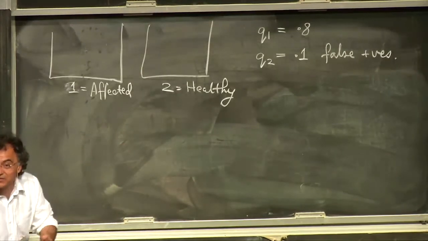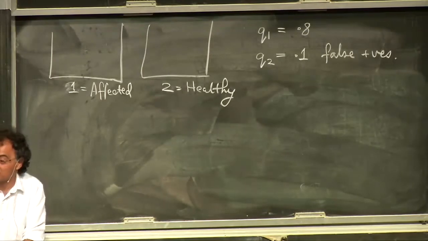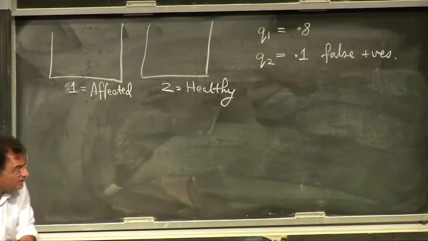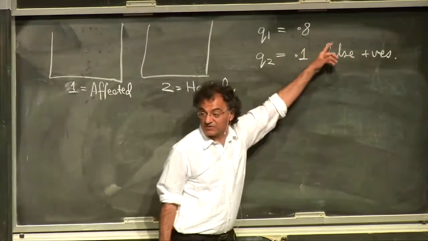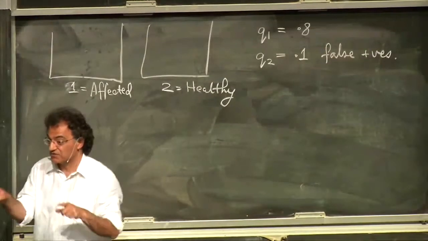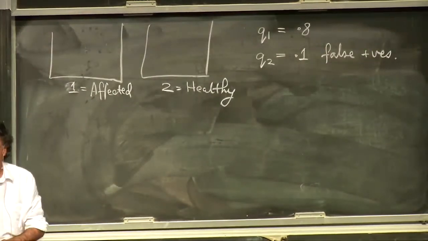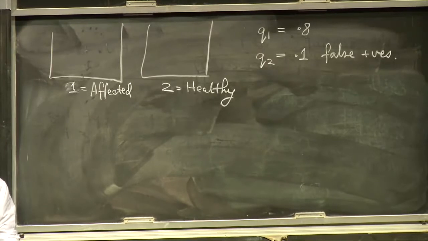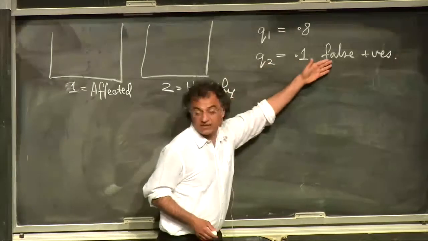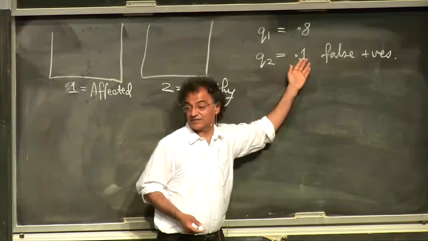So somehow, in order to make this inference, what's the chance that the person was affected, given that the test came up positive, we have to know what proportion of the population was affected. If the proportion of the population that's affected is very, very tiny, then most of the time when the test comes up positive, it's because somebody healthy tested positive because of this 0.1 chance, right?